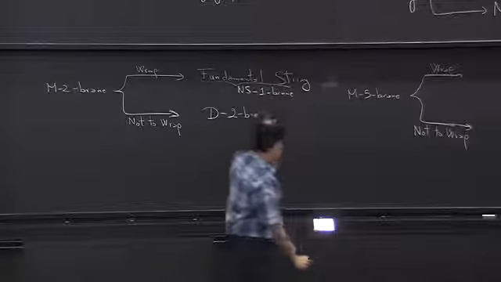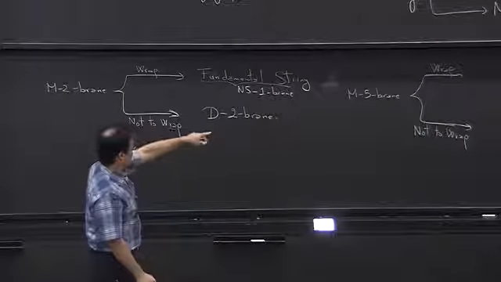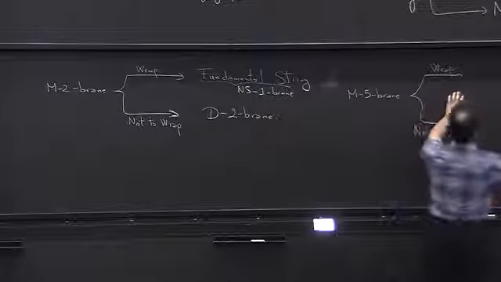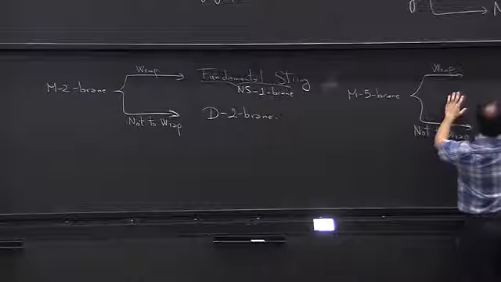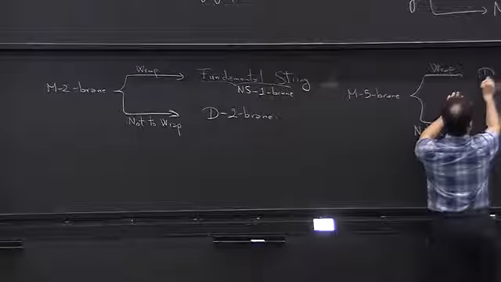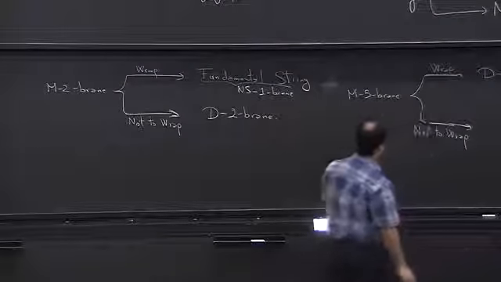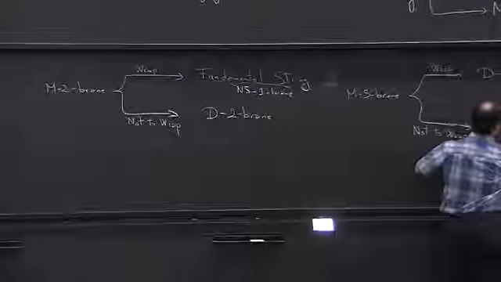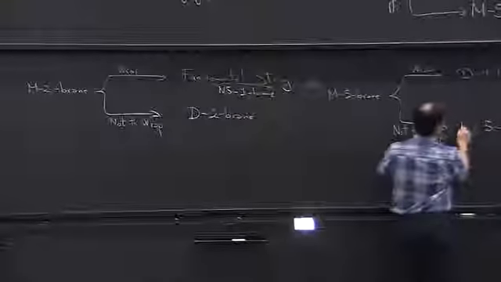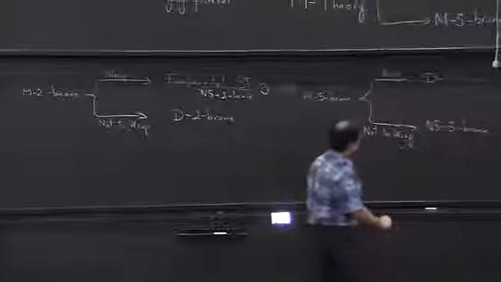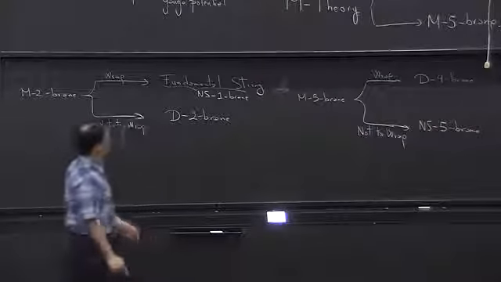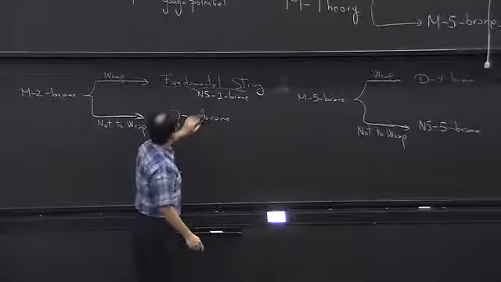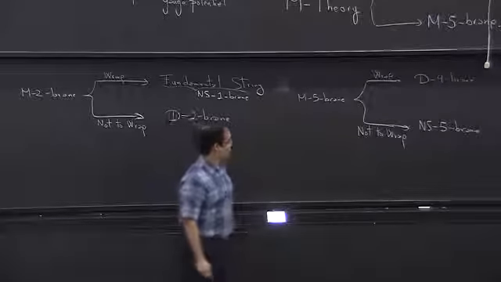That's the question. If you wrap, of course, you get a 4 brane. But we only have in type 2A D4 branes. If you don't wrap, you get a 5 brane. But we only have one kind of 5 brane, which is the NS5 brane. So you see that the roles got swapped. The location of the NS and the D got reversed.